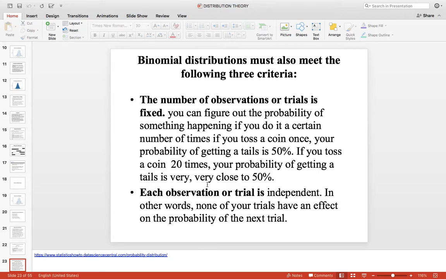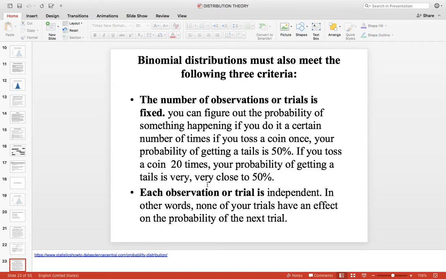The binomial distribution must also meet certain conditions. The number of observations or trials is fixed, so the number of trials you are going to do is fixed. You can figure out the probability of something happening if you do it a certain number of times. If you toss a coin once, your probability of getting a tail is 0.5. If you toss a coin 20 times, your probability of getting tails is very close to 0.5, 50%.